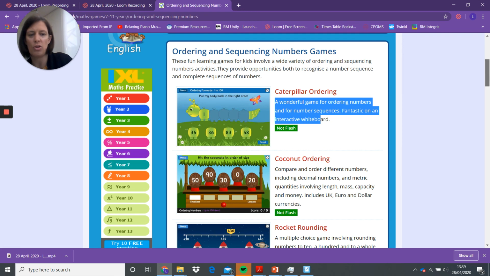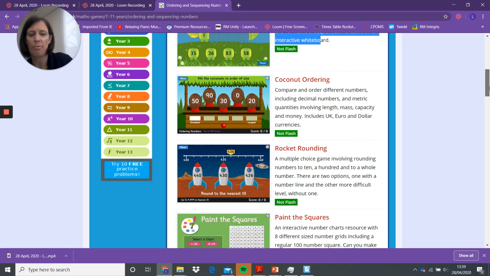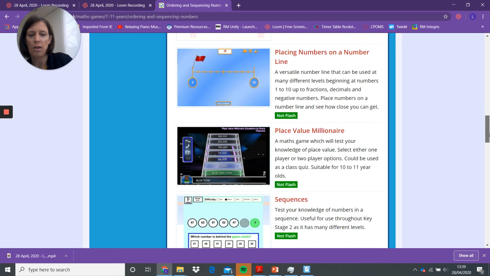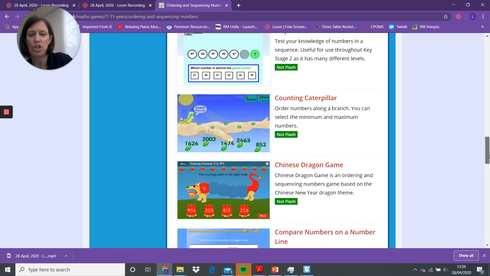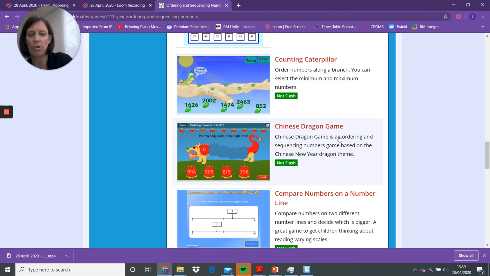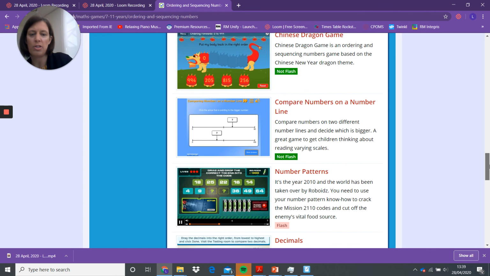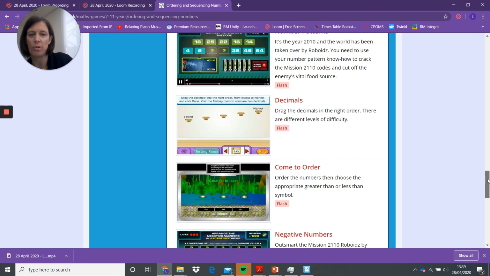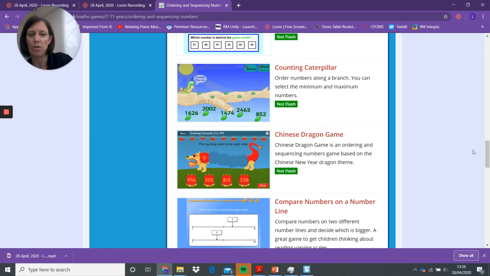Both of those you can choose negative numbers with to have a practice. Keep going down. There's one here called Chinese dragon game. I'm going to show you that one in a minute. And this one is the challenge near to the bottom called negative numbers. Okay, so you can have a go at that one as well. Any of those would be really good. So I'm going to do the Chinese dragon game.